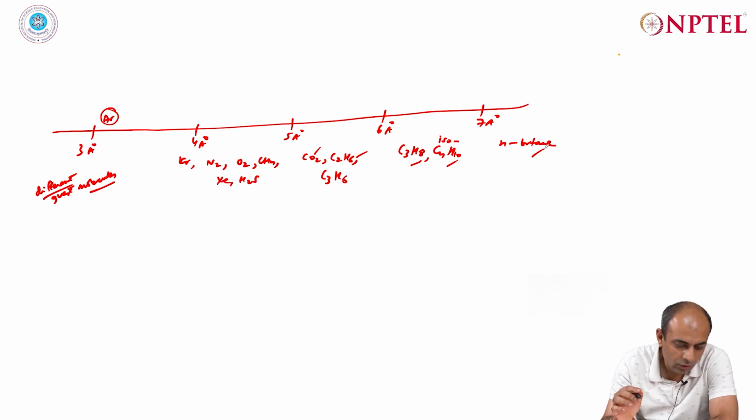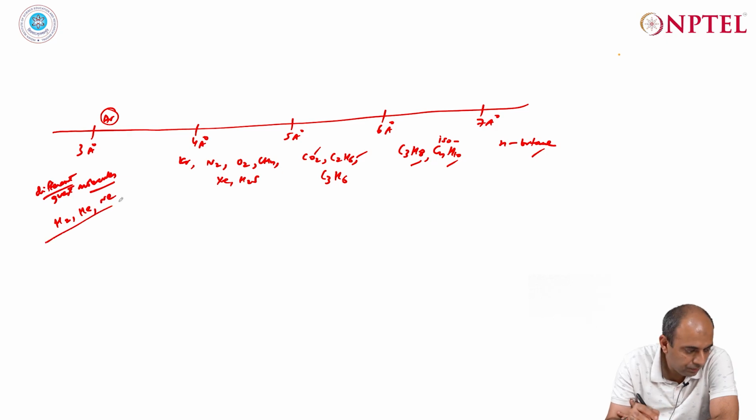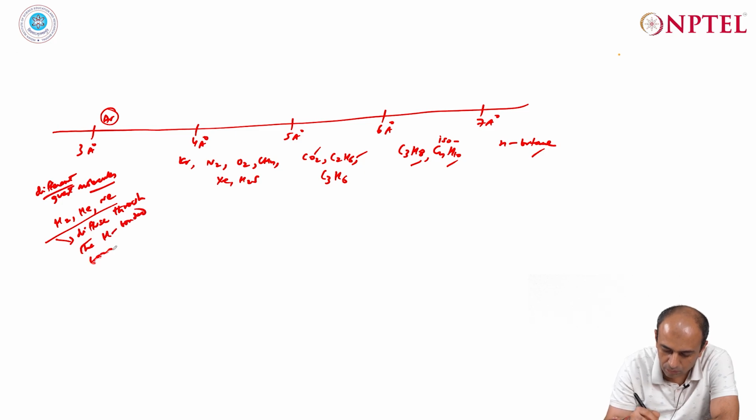And if you were to actually look at hydrogen, helium and neon, they cannot be trapped in the gas hydrate structures because they diffuse through the hydrogen bonded bars.